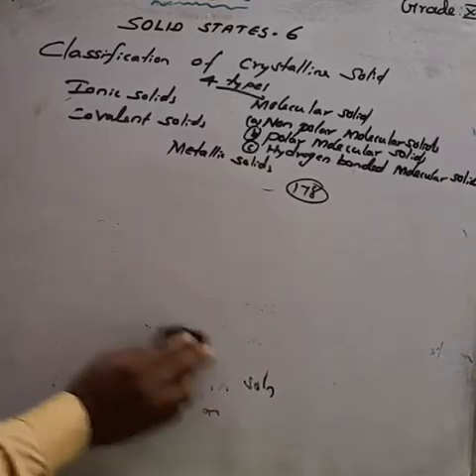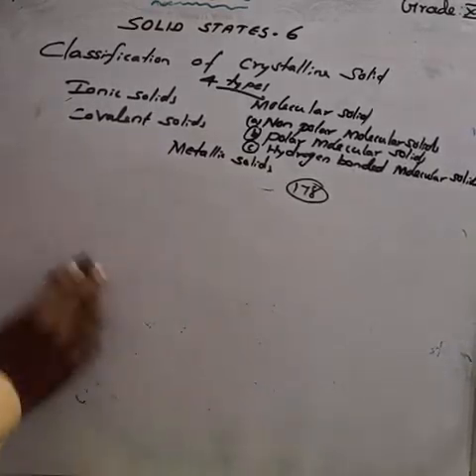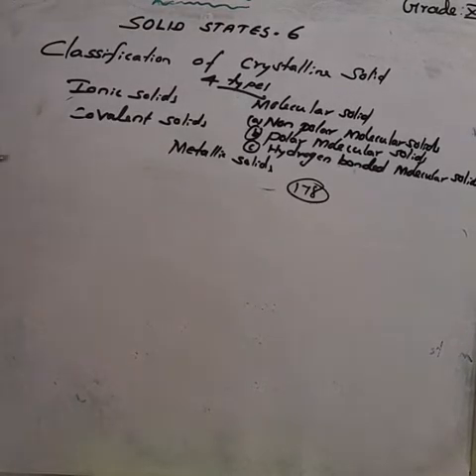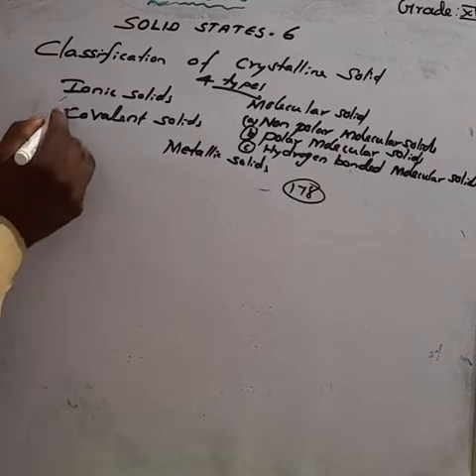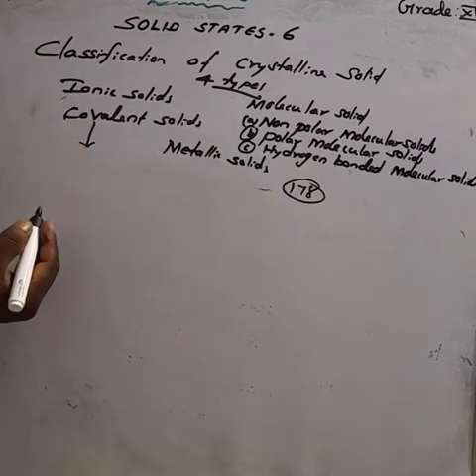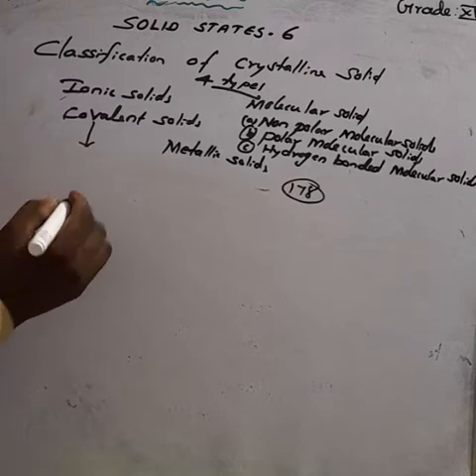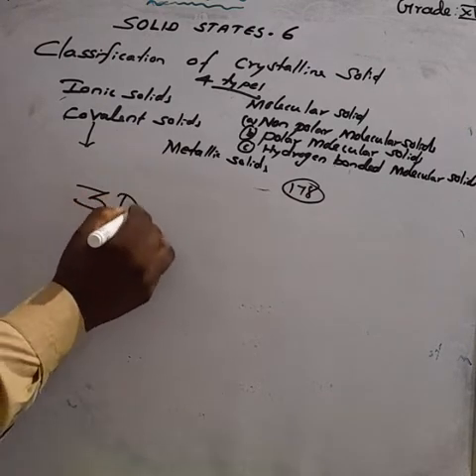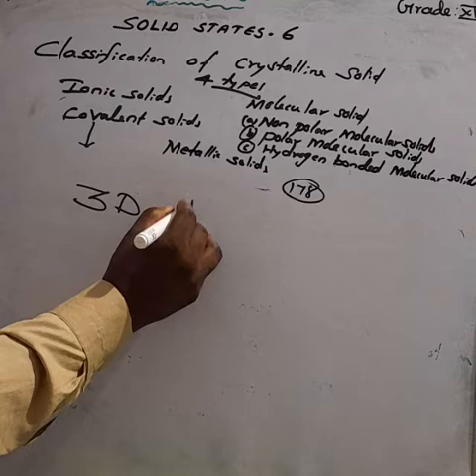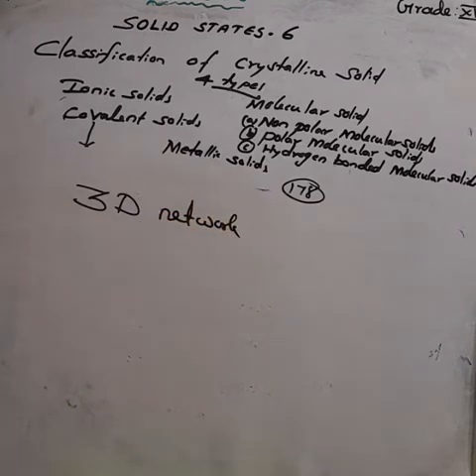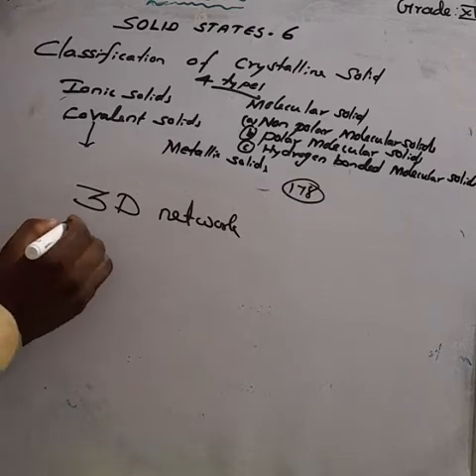Next, covalent solid. In covalent solids, the constituent atoms are bound together in a 3-dimensional network. So they are very hard. They have a high melting point.